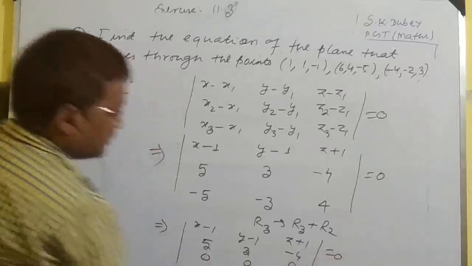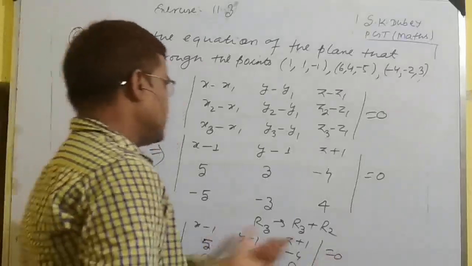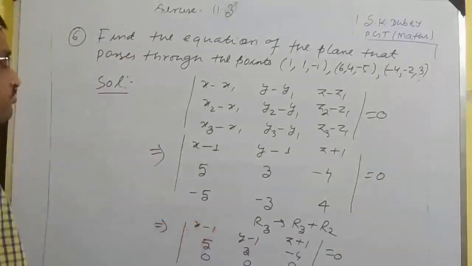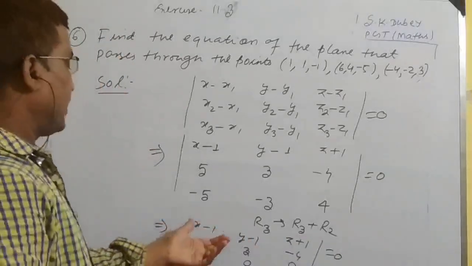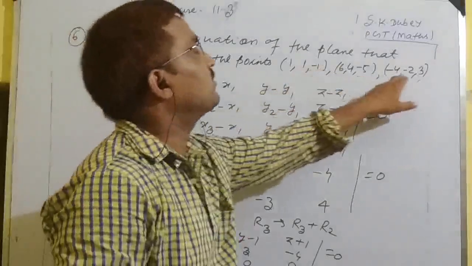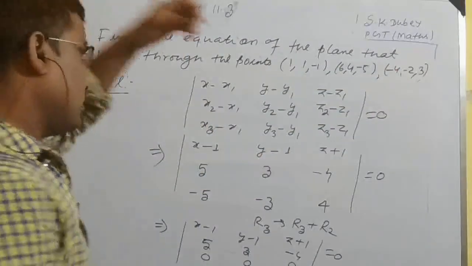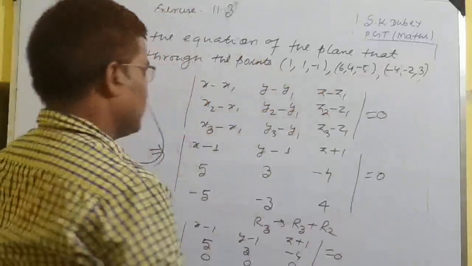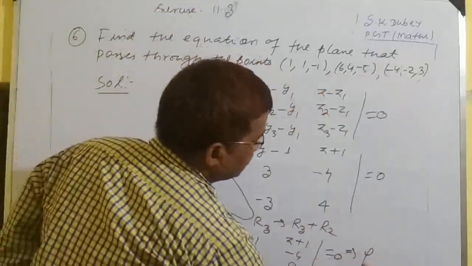Now this is equal to 0, that is 0 is equal to 0. Here we cannot find the equation of the plane because all these 3 points are collinear. We can say that the points are collinear.